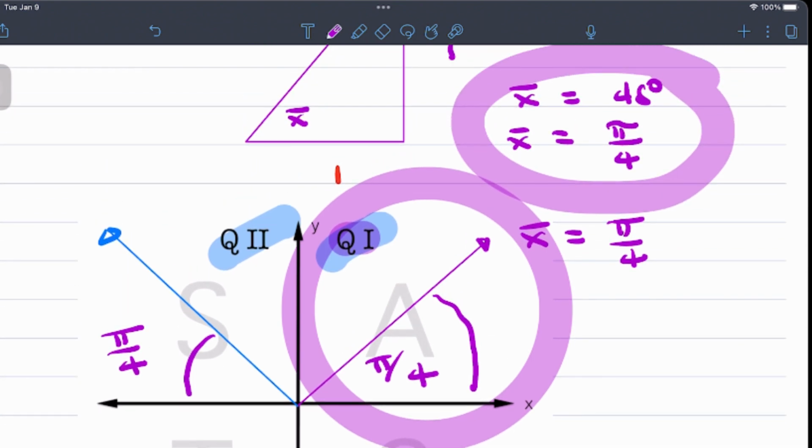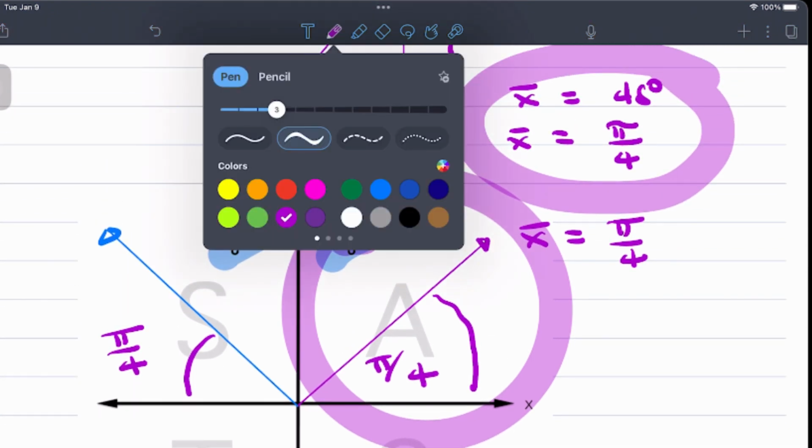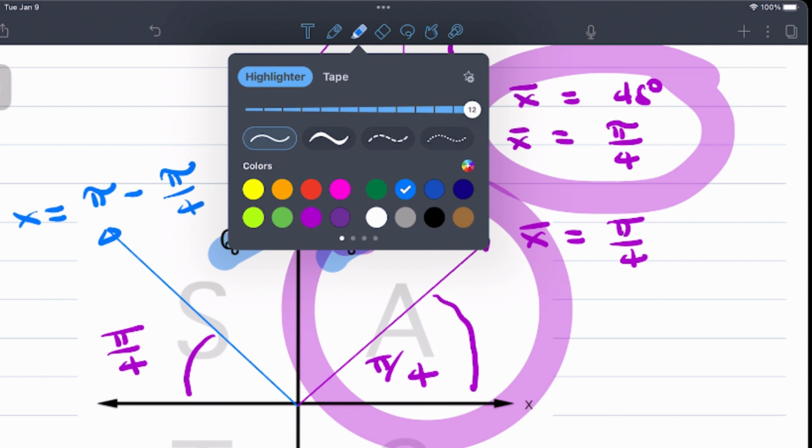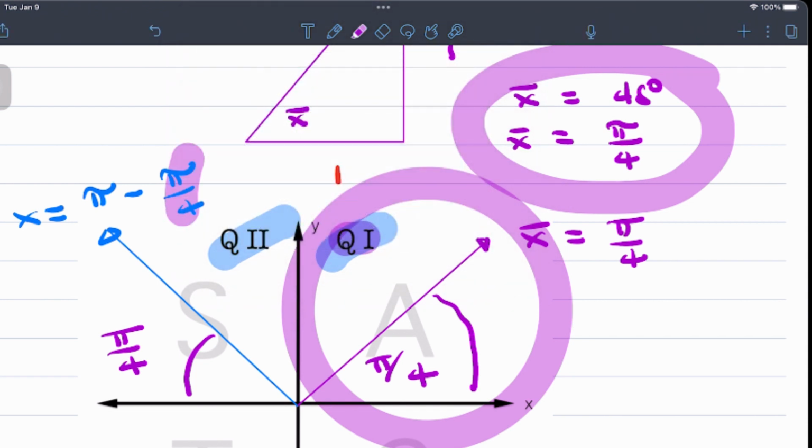So what's the quadrant 2 solution, right? I wrote it down last week. The quadrant 2 solution is going to be what? Isn't that pi minus the reference angle of pi over 4 from last week? Is that true? Right? Quadrant 2, isn't this what you always do? Now do some arithmetic. You say, what's my arithmetic? Isn't that going to be 4 over 4? Right?